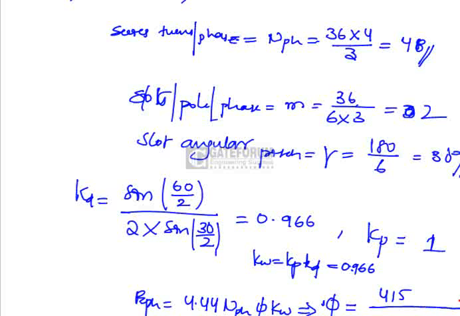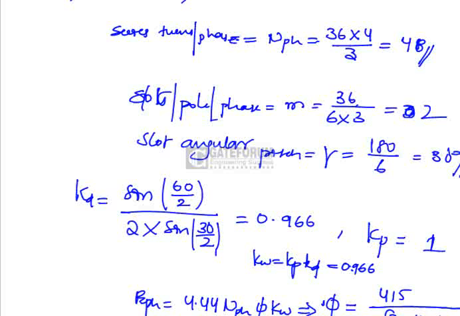Since this is line voltage, we have to convert it into phase: E phase is 415 by root 3, divided by 4.44 into frequency 50 hertz into 48 into 0.966. So we get 0.0233 Webers. This is the value of flux.